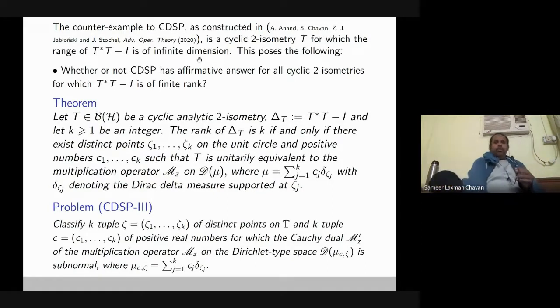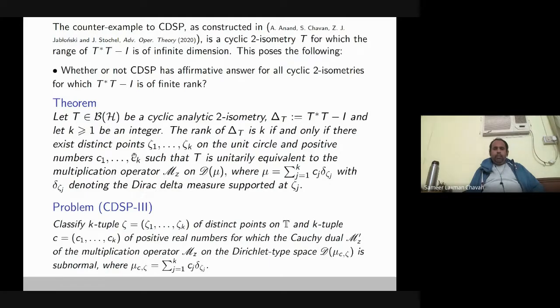So we'll now confine ourselves to the class of cyclic 2-isometries for which T star T minus I is of finite rank. Now all these 2-isometries can be classified in terms of measures. How? So here is the statement. Assume that T star T minus I is of rank k.